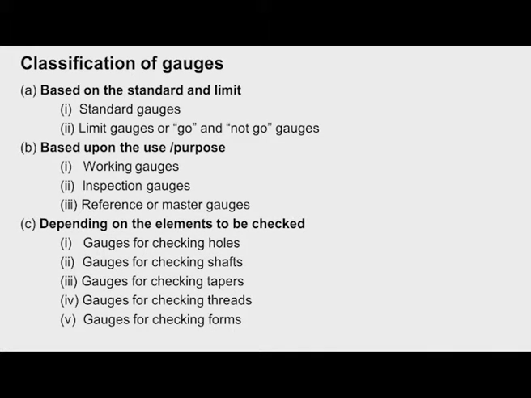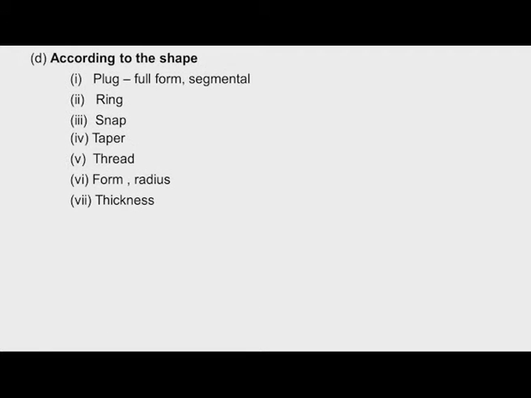Depending upon the elements to be checked, they are classified as gauges for checking holes, and gauges used for checking the shafts, tapers, threads, and different kinds of forms. And then according to the shape of the gauges, they are classified as plug gauge, like full form plug gauge, segmental plug gauge, and then ring gauges, snap gauges, taper gauges, thread gauges, form gauges, and also thickness gauges.